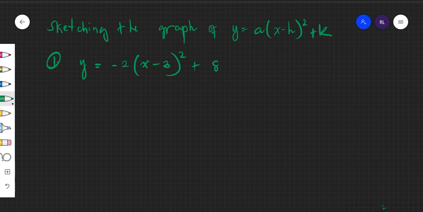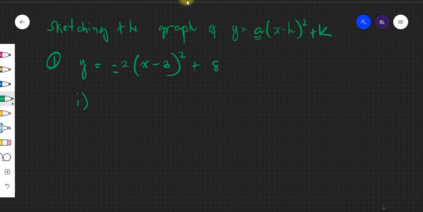So what we need to know is, number one, the opening of the graph. In the opening of the graph, you need to look at the value of a. If a is greater than 0, the graph opens upward. If a is less than 0, the graph opens downward.